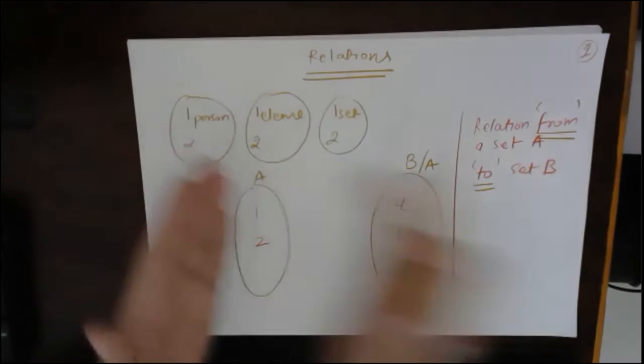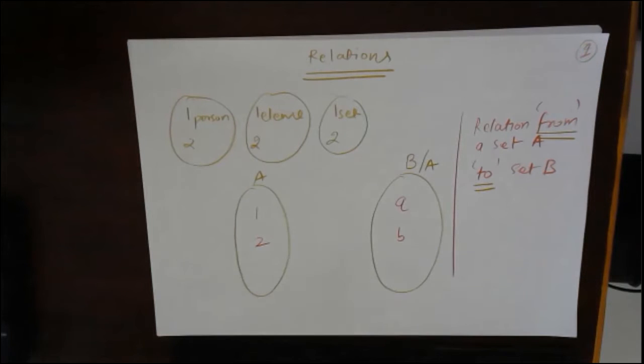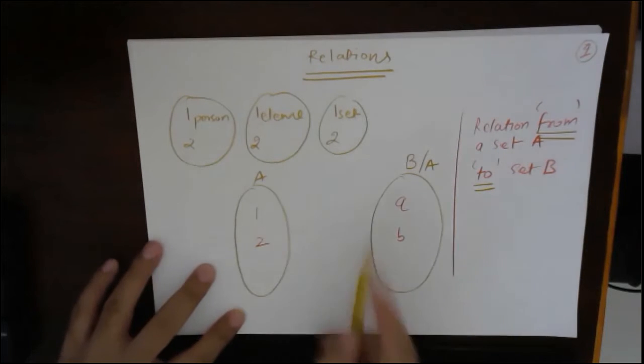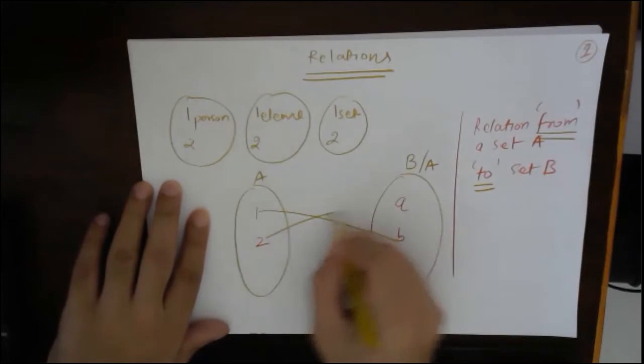For example, if I have set A and set B as shown, and I start relating these elements, I will relate the first one with b and 2 with a.